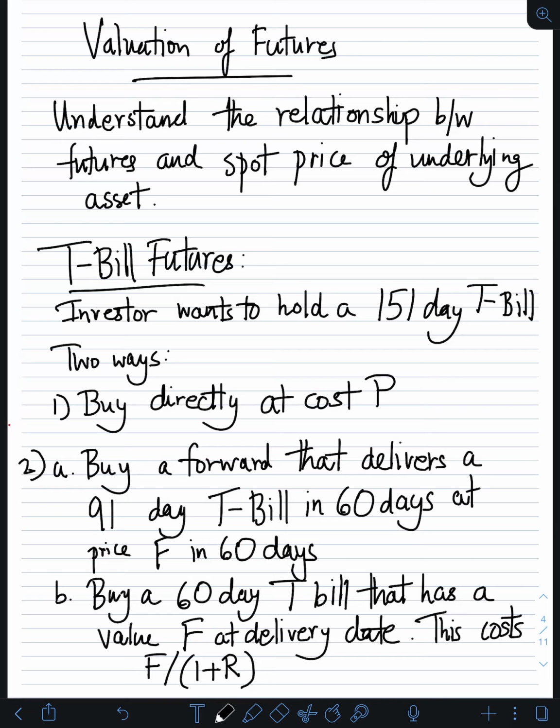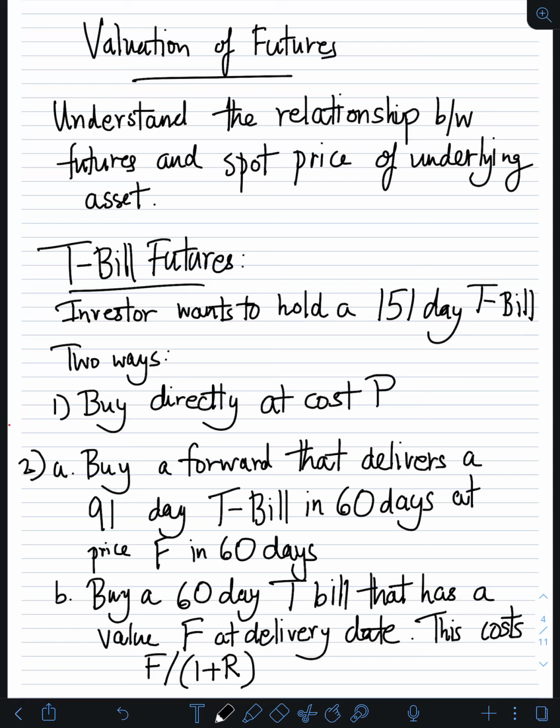The second option would be to split it into two. You could first buy a forward that delivers a 91-day T-bill in 60 days, and you pay a price F in 60 days. So you're buying a forward on a 91-day T-bill for delivery in 60 days.